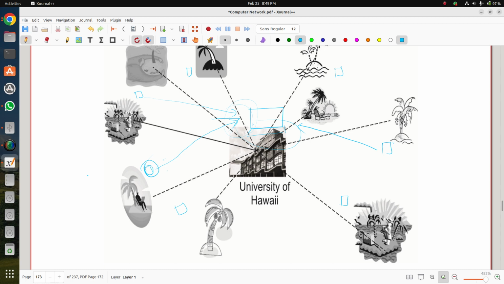If multiple parties are competing, then a collision will take place. Once a collision has happened, this algorithm has a mechanism.